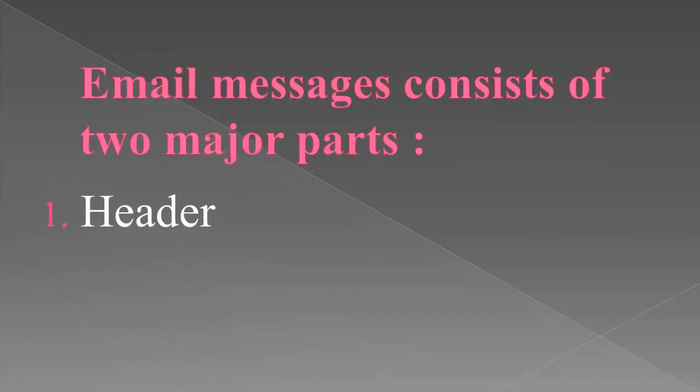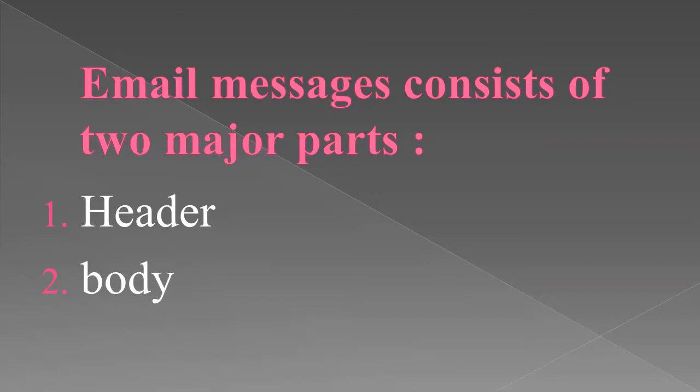Move to the next one, parts of an email message. Email messages consist of two major parts, header and body. First of all, let me tell you about header. The header of the message is divided into fields such as sender, receiver, summary and other related information. The header section of email includes the following fields.